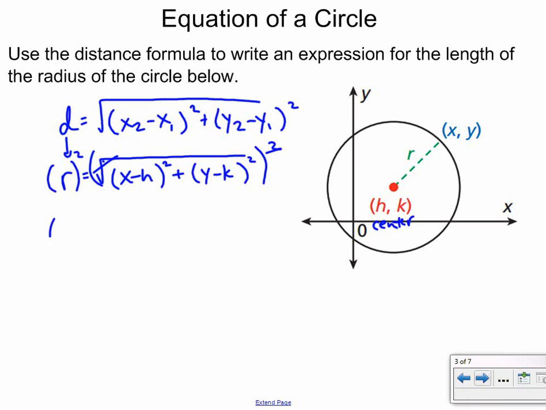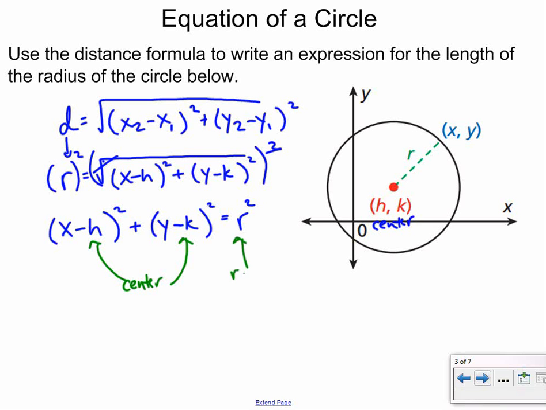And I would just be left with the equation (x minus h) squared plus (y minus k) squared equals r squared. This is the equation for a circle on the coordinate plane, where (h, k) represents my center, and r is the radius.